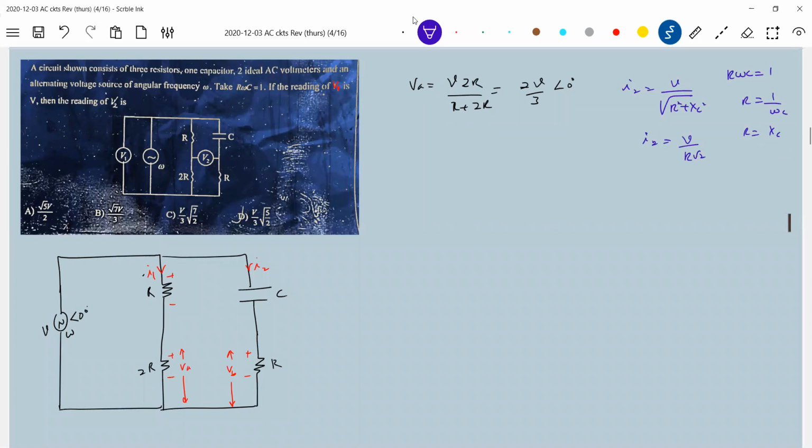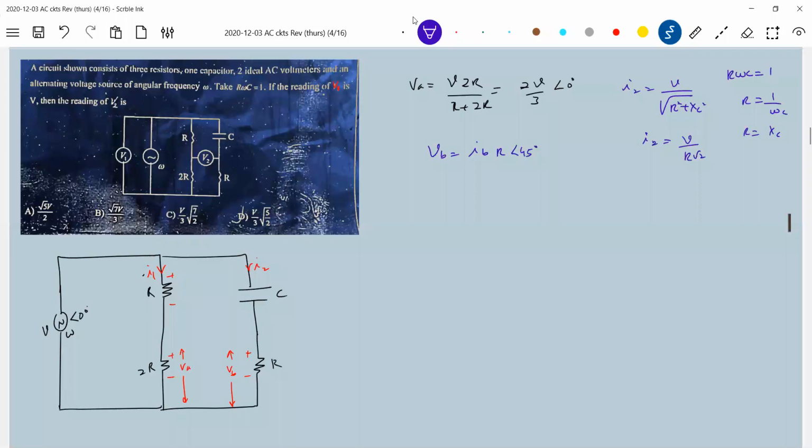So what is the drop now? This current will lead the applied voltage across RC circuit. So the drop across that also should lead. Now the potential difference VB should be equal to IB into R. What is the phase angle? The phase angle of this should be 45 degrees, because R equal to XC, no?